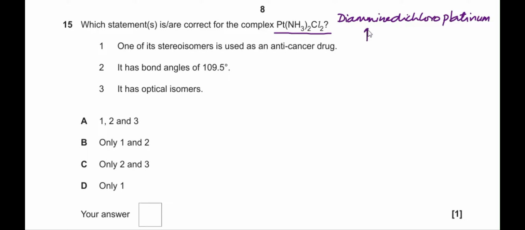Note the double M here, that is to differentiate it from the amines in organic compounds. This compound has got two geometric isomers. One is called cisplatin and another is transplatin.